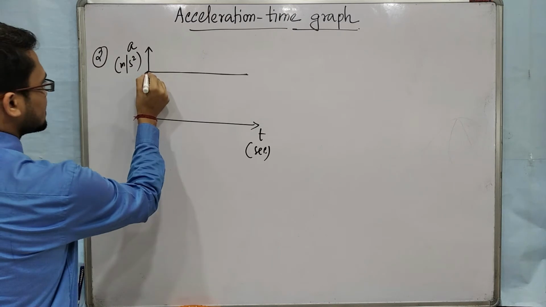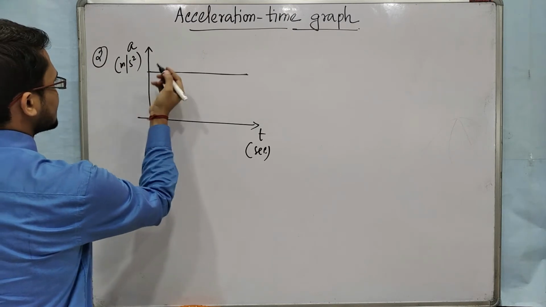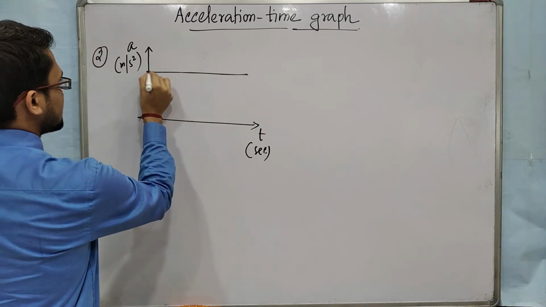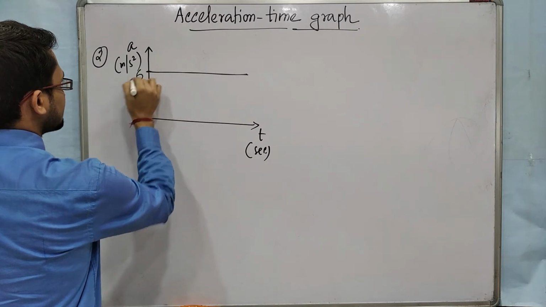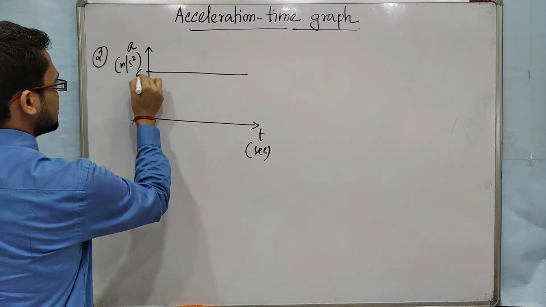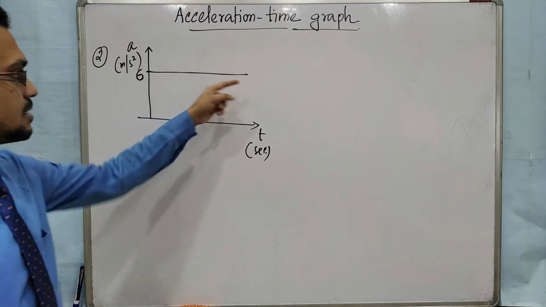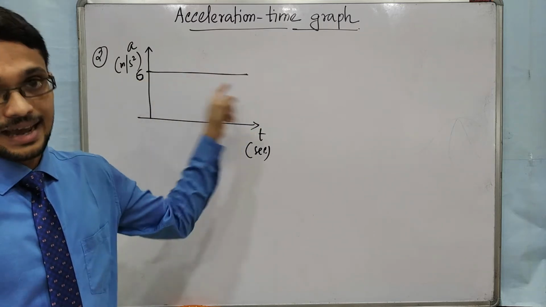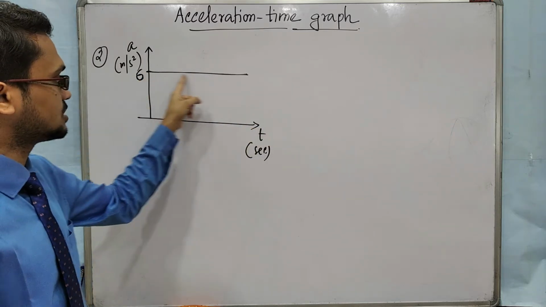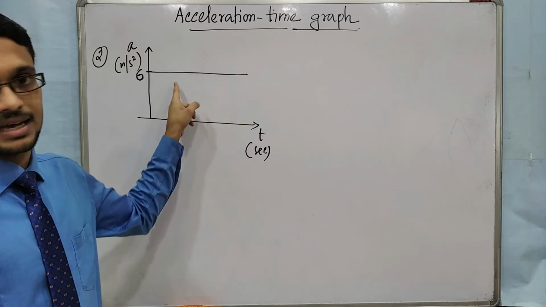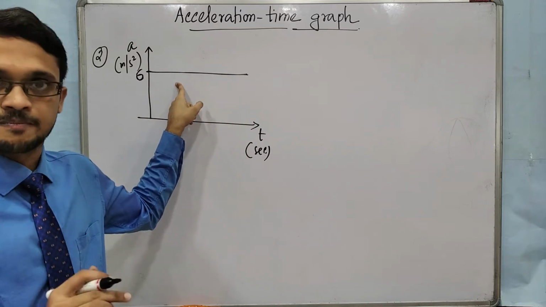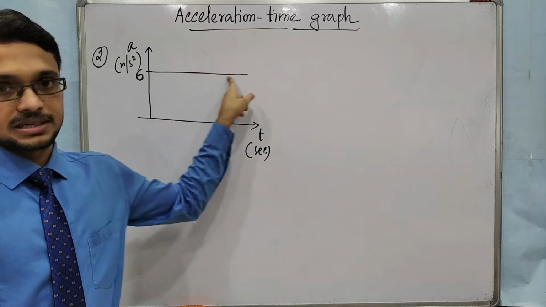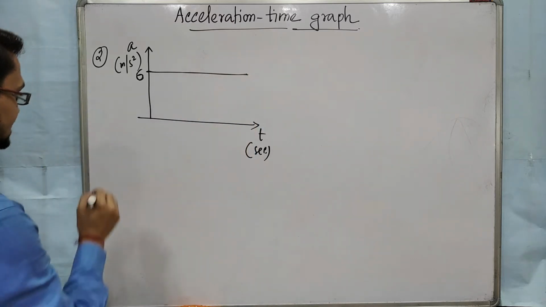Take any value, suppose this point represents 6 meter per second square. So what does this curve represent? Constant acceleration. Time is going on, but the value of acceleration is not changing. So this curve represents constant acceleration.